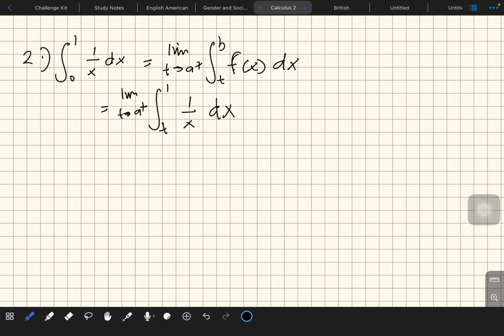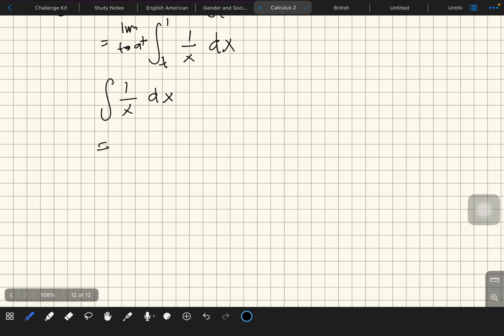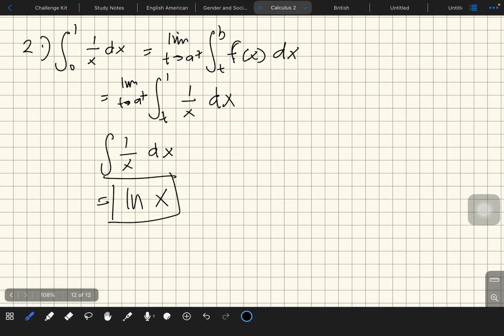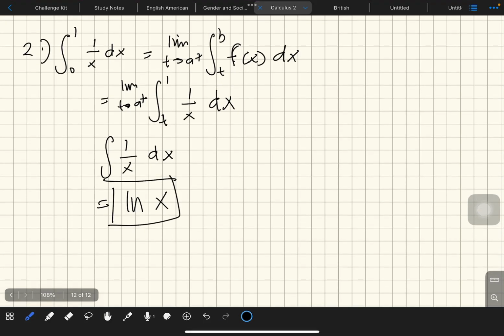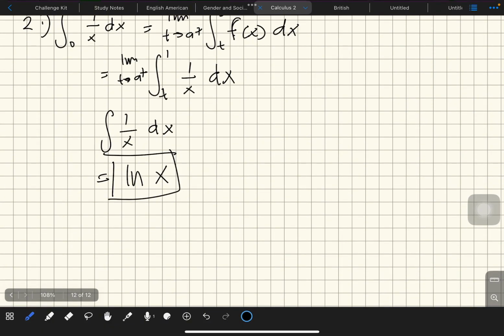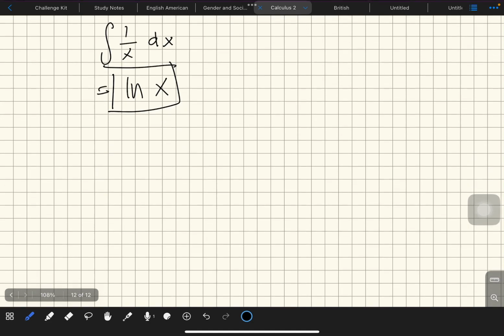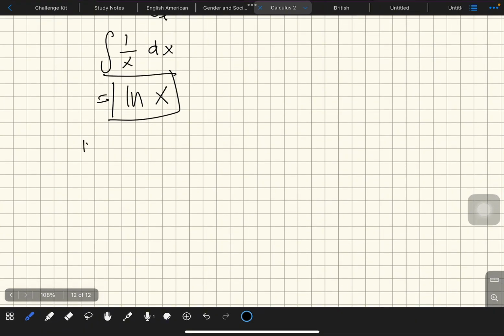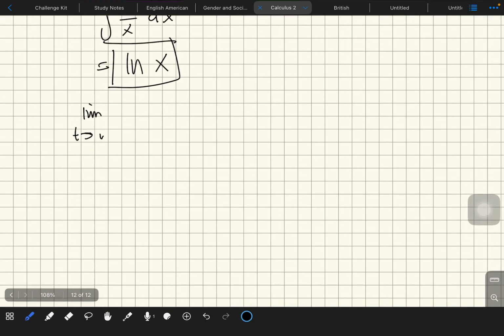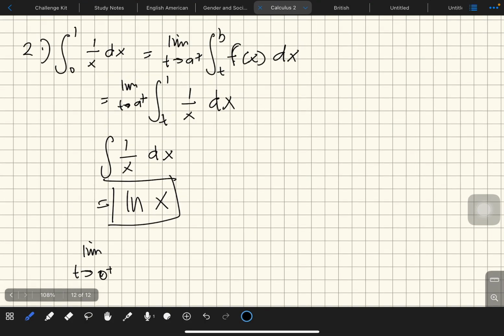So now let's first integrate the integral of 1 over x dx. The integral of 1 over x dx is ln x. So now we have the value of the integral. Now let's proceed to substitute it. Limit where t approaches 0 from the right.